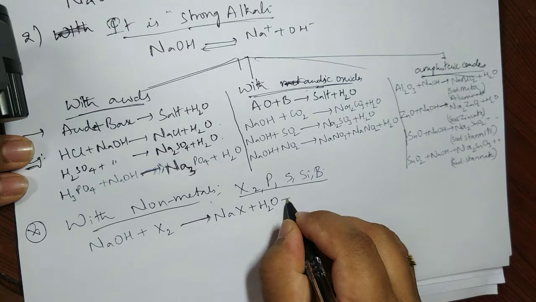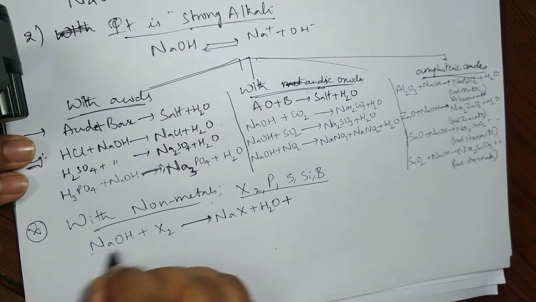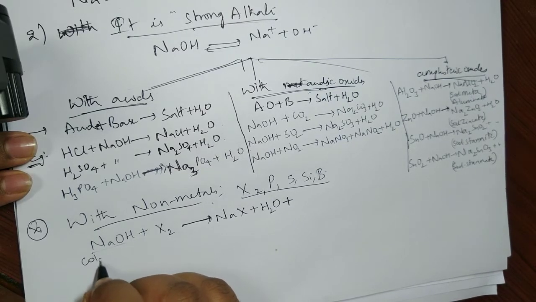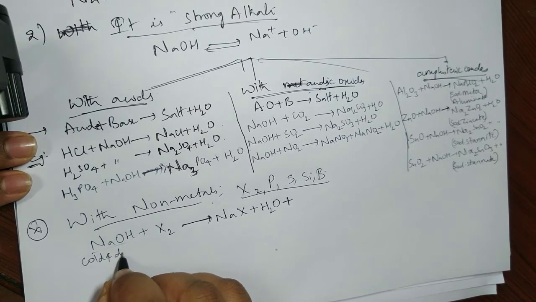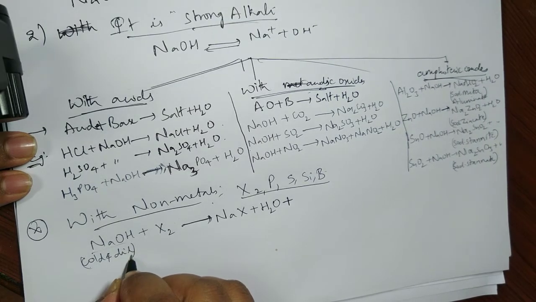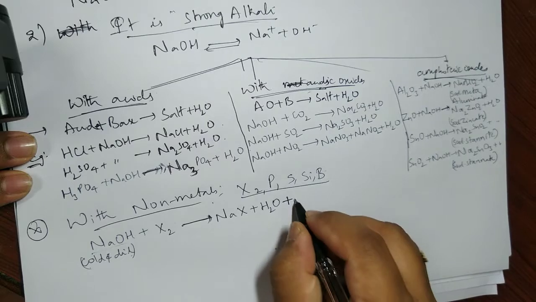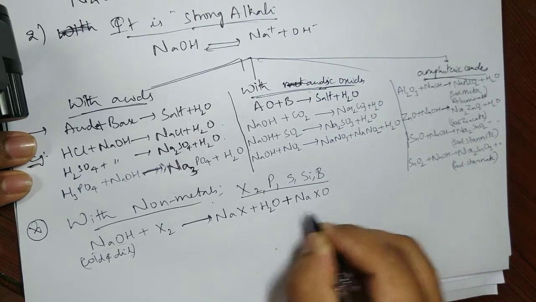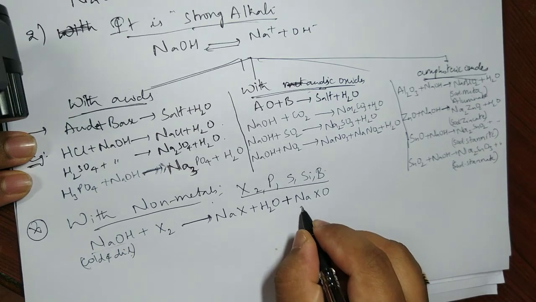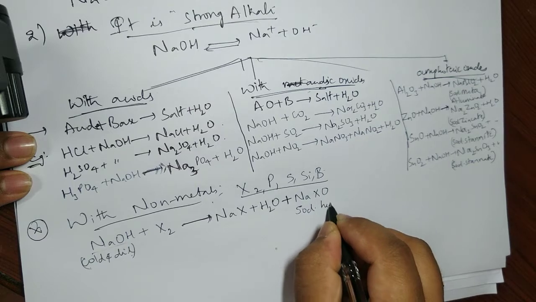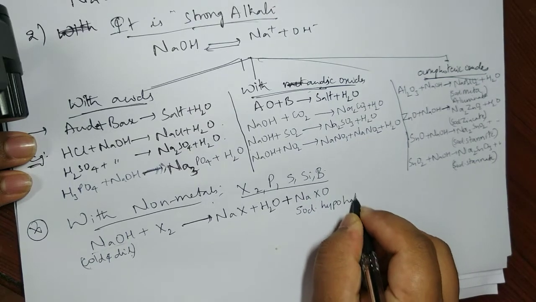Now apart from this, remember this, depending upon the concentration of NaOH, if I have cold and dilute NaOH, I also have NaOX, which is sodium hypohalite.